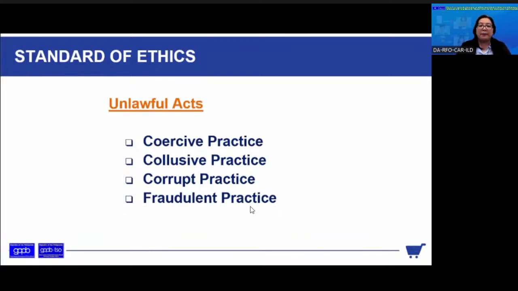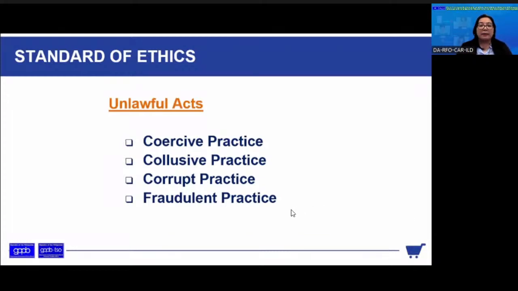Because in terms of corrupt practices, contracts that are entered into on behalf of the government or any transaction become manifestly and grossly disadvantageous to the government, no? And this is regardless of whether or not the public official will profit from it, no? And these are also acts that are similar under RA 3019.